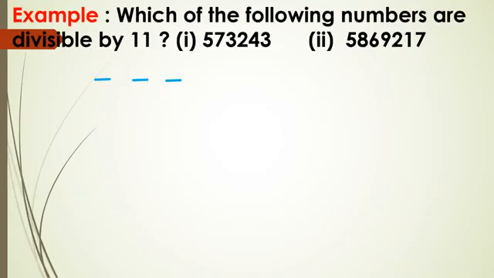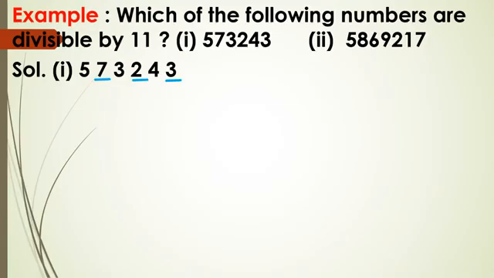First number is 5,73,243. What we have done in the theory part, that the sum of odd place digits and the sum of even place digits.